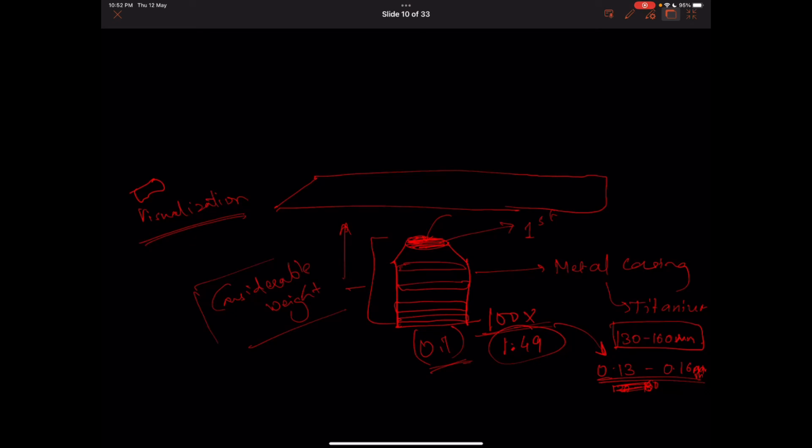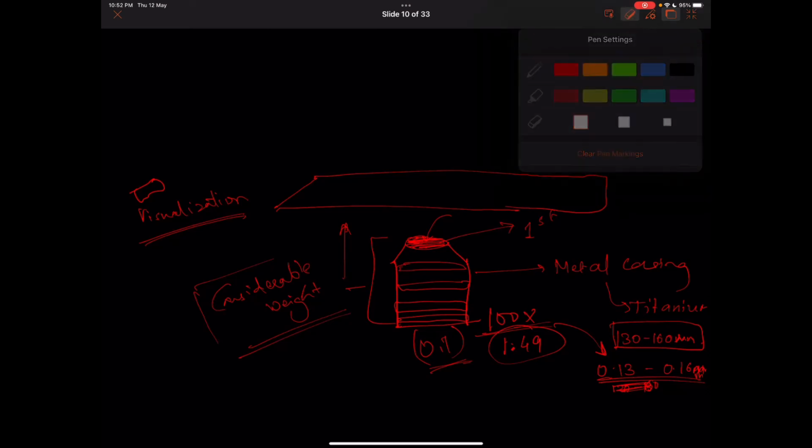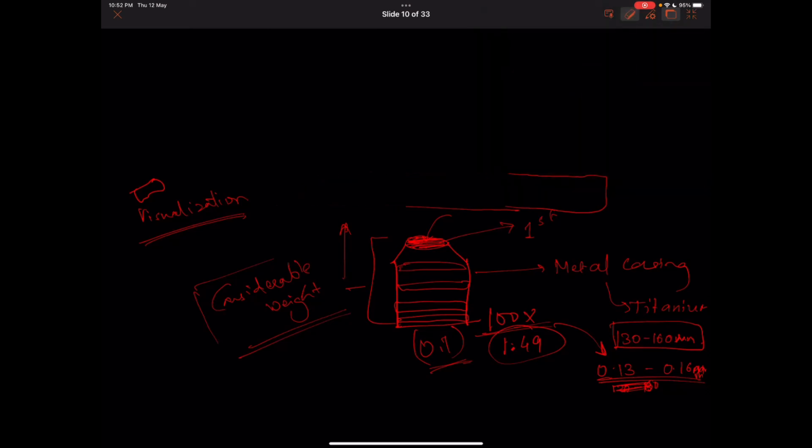Now understand, this objective itself has a considerable weight. If it is lying at the bottom of the stage, basically it is in inverted form. In that case, it has on top of it a sample which is actually touching the cells. So let's say I take an eraser and rub the stage off.